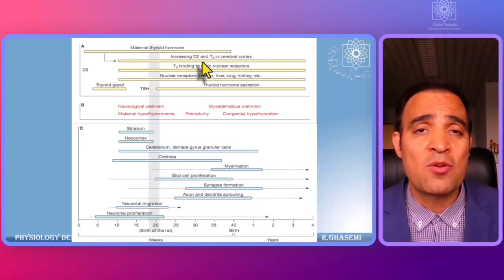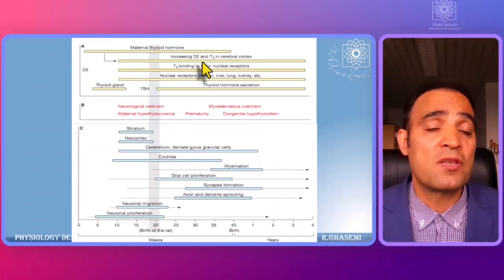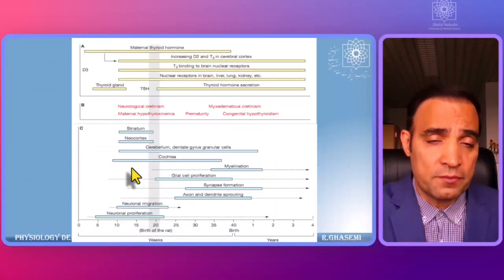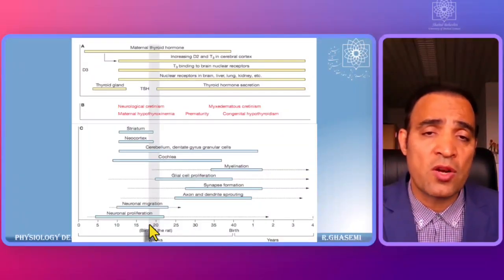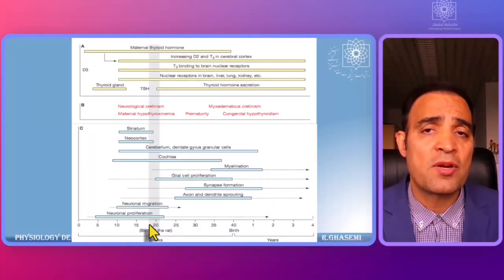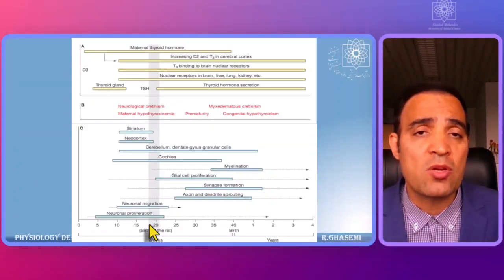in the cerebral cortex. T3 binding to the brain nuclear receptor starts early in embryonic life and continues forever. Nuclear receptors in the brain, liver, lung, and kidney are expressed in embryonic life.